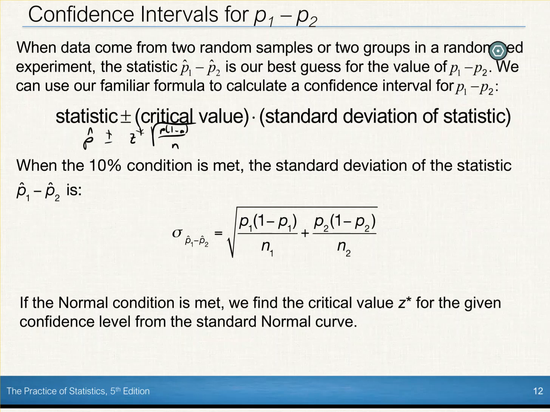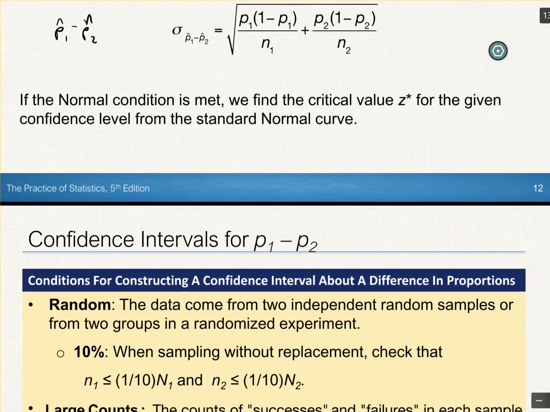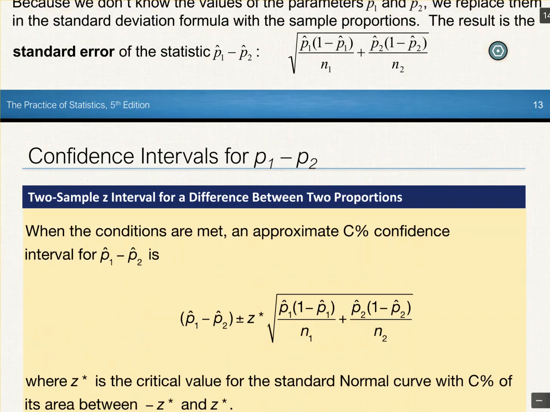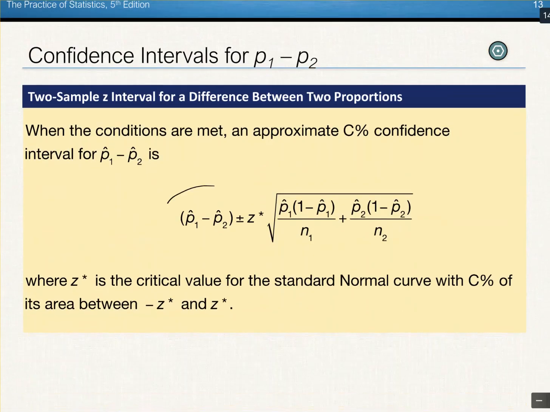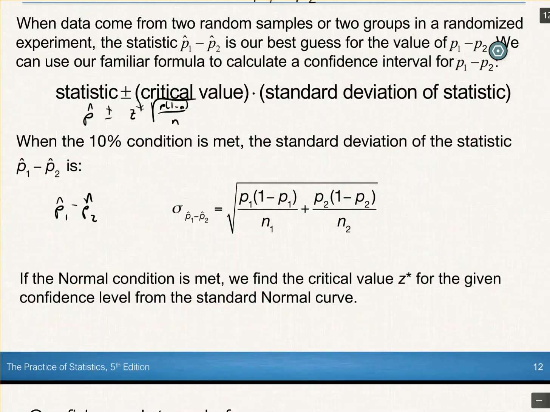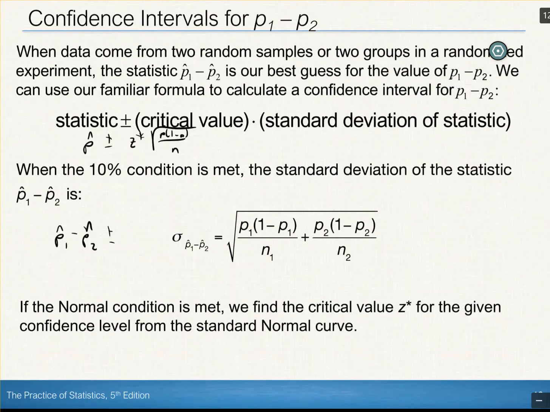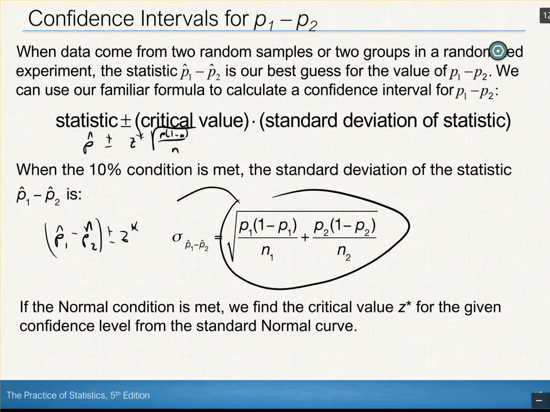Well, it's the exact same thing, except now instead of having p hat, it's p1 hat minus p2 hat, and that's going to be, I think we have the formula on the next page here, but yeah, all the way down here. So notice you have p1 hat minus p2 hat plus or minus z star times the standard deviation. Well, now the standard deviation is this guy, so this guy goes right here.